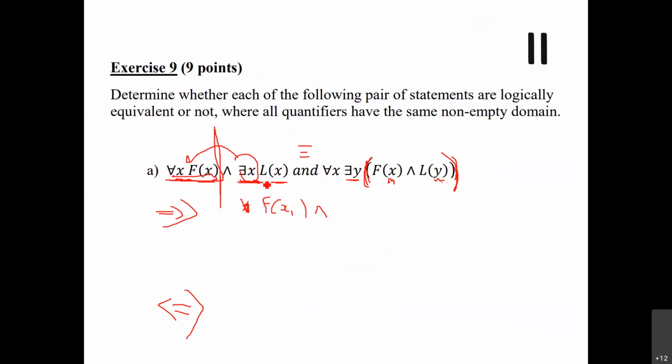And there exists x, L of x, so it's like L of x2. This is the whole existential thing you took in class. But the difference here, x1 could be any x, but x2 is for some specific value. Now, this x, we take it to the left. So for every x, open the brackets, f of x and L of x2.